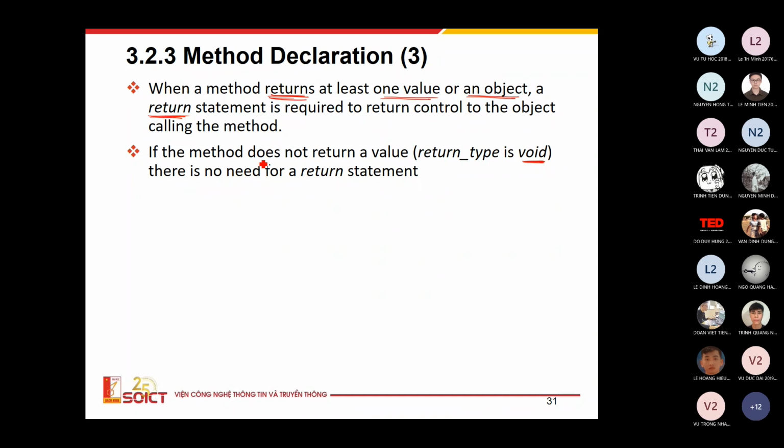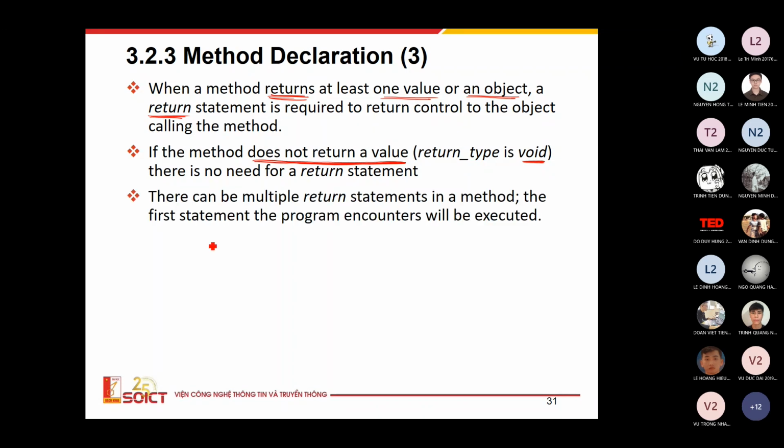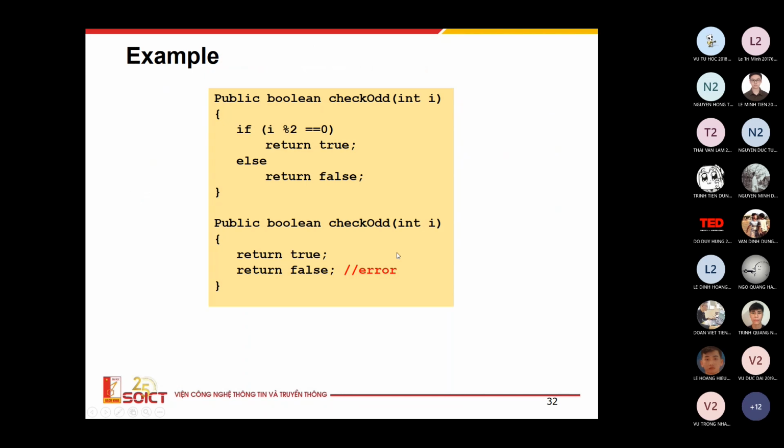When you use void, that means it doesn't return a value. And when you have many return statements in one method, the first statement that it reaches will be executed. Okay, remember it. So, for example, in this, there are two methods.